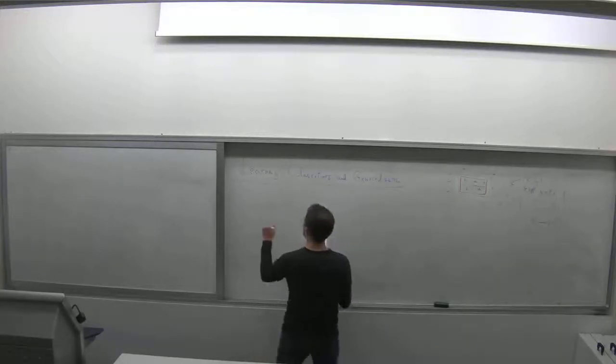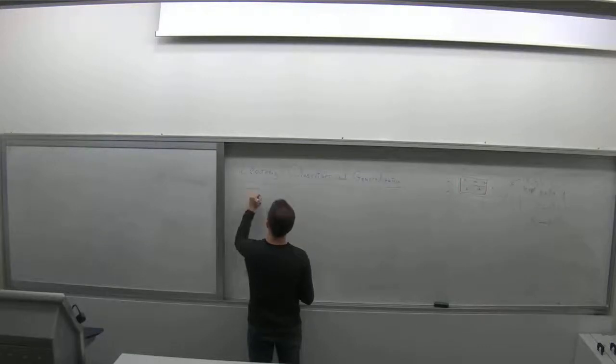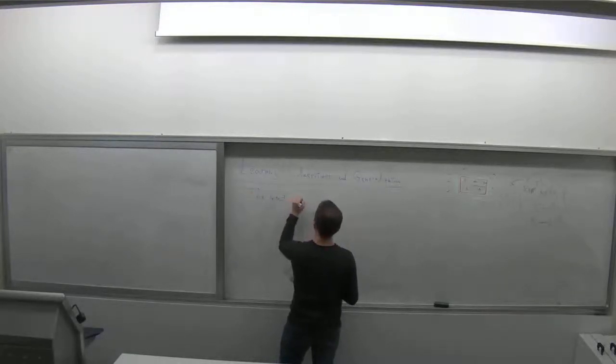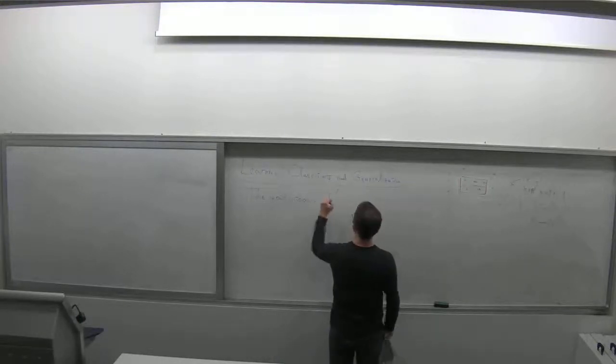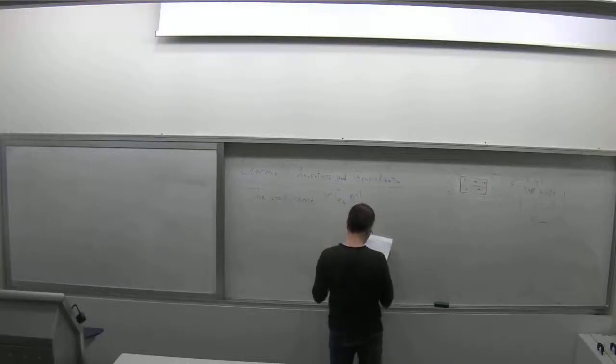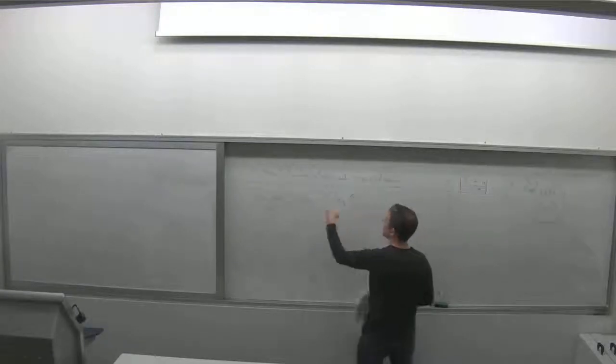so let's just get the notations right. So we'll assume there's the input space X, which in our running example is R2. These are sometimes called features.